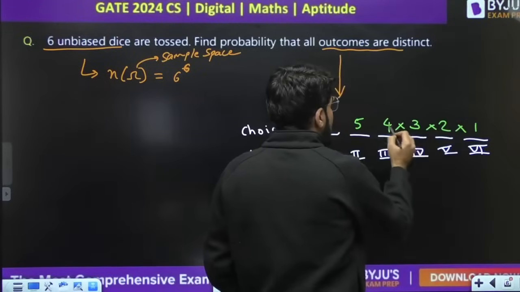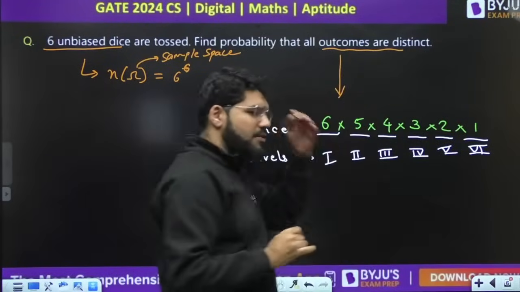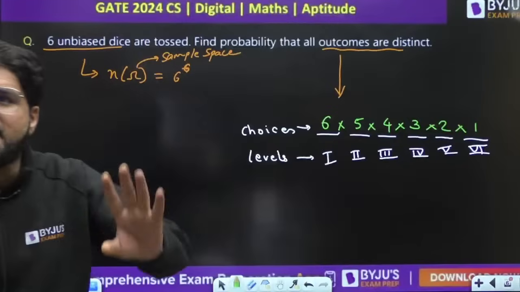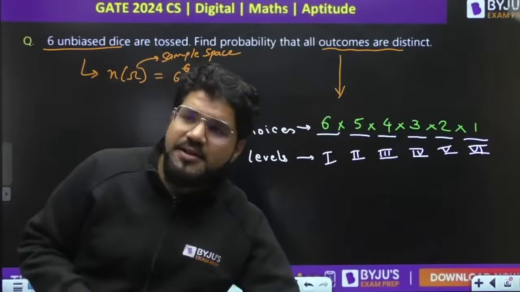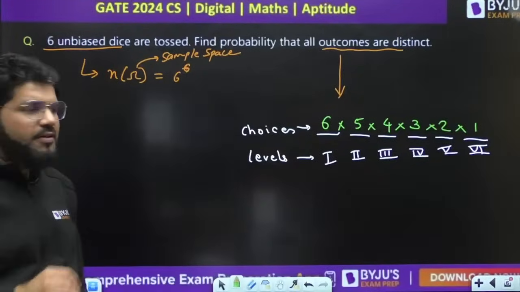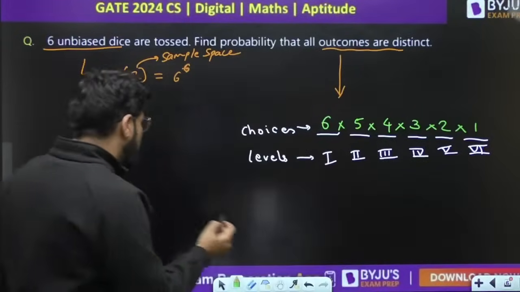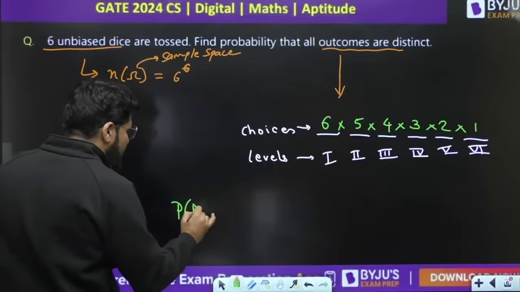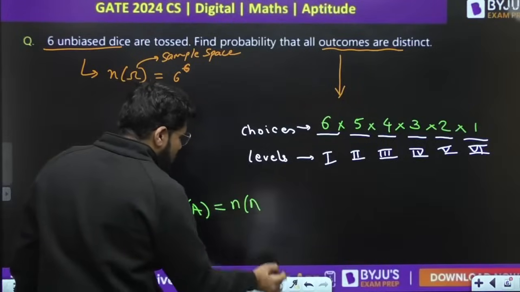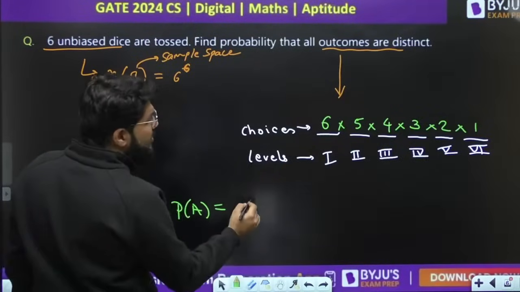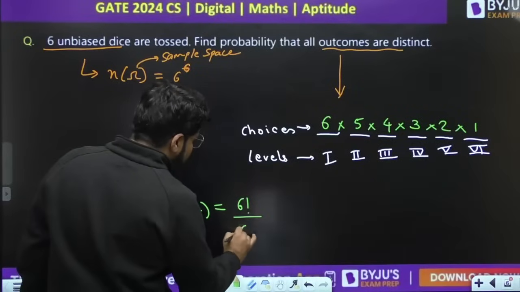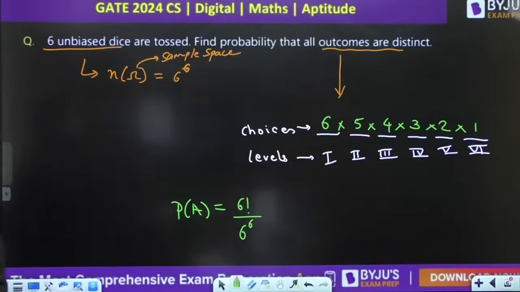If you want all distinct, you can call it 6P6 also. That's actually 6 factorial. So the probability of the occurrence of the event A is the number of favorable outcomes, that is factorial 6, divided by total outcomes, 6 power 6.